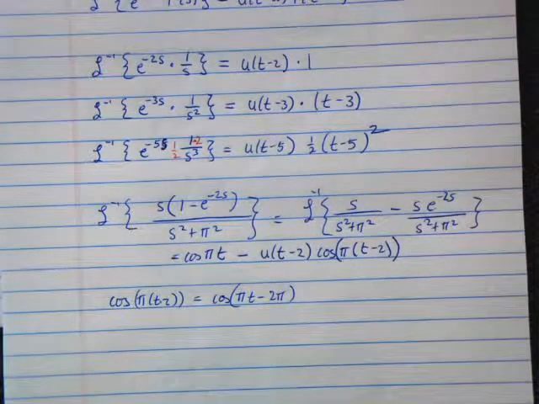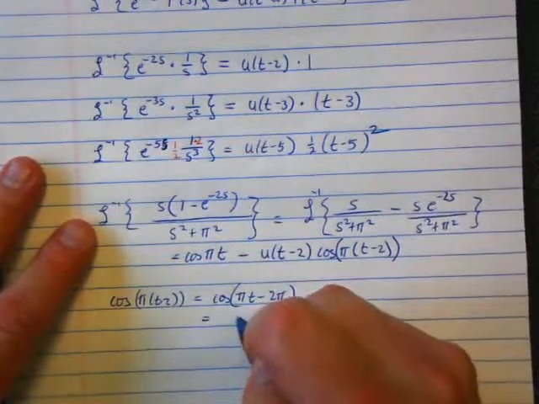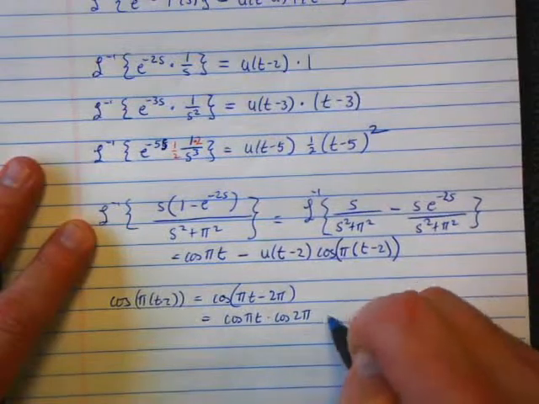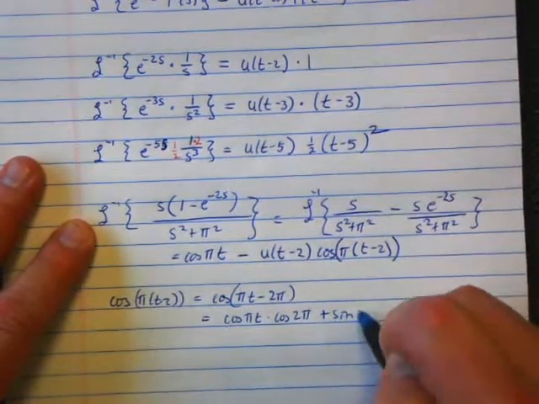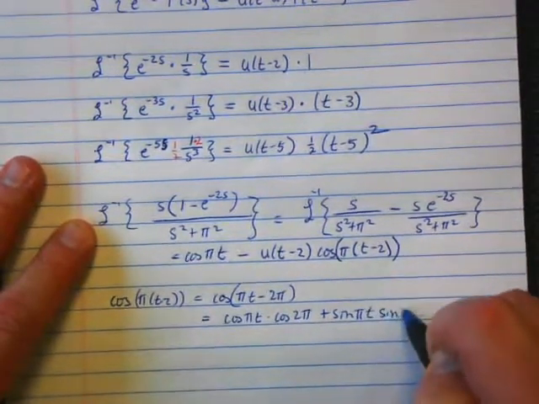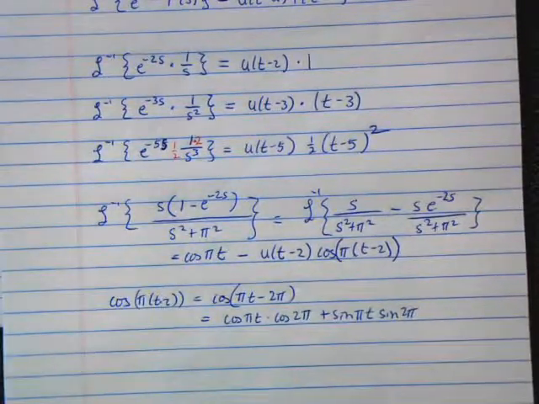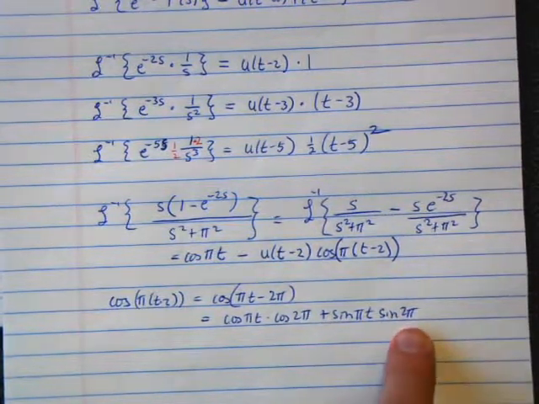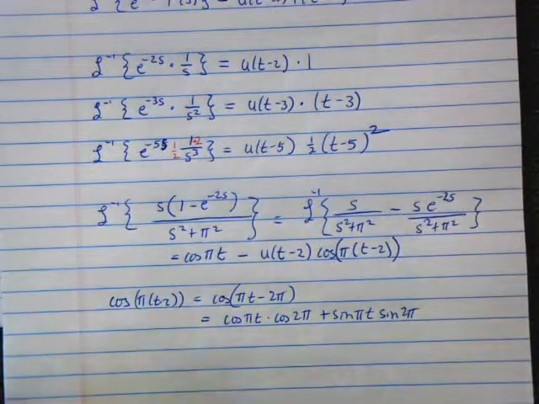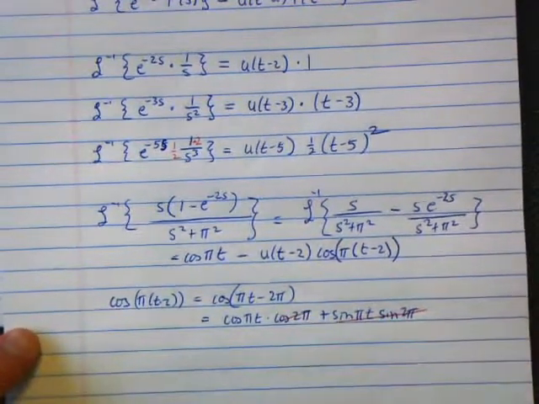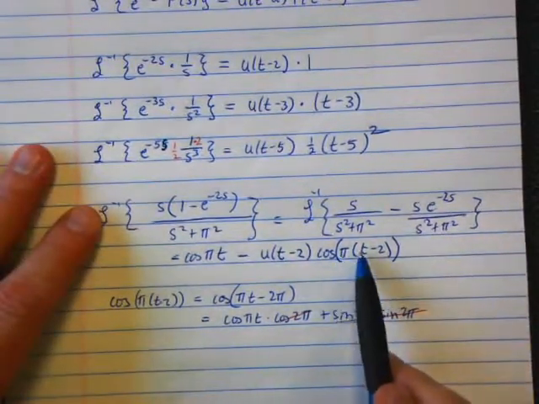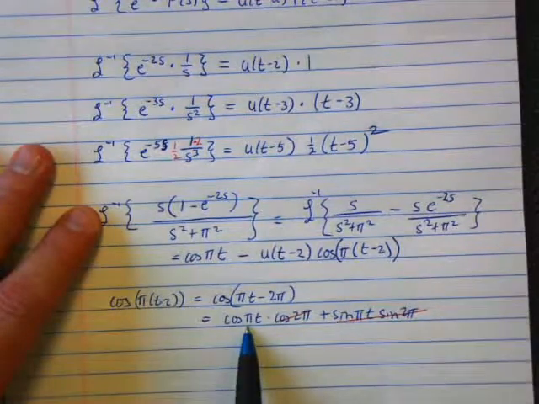And then you use the cosine subtraction formula, so this is cosine pi t times cosine 2 pi plus sine pi t times sine 2 pi. Cosine of 2 pi is 1. Sine of 2 pi is 0. So this one disappears, that one's the number 1, and you pull a cosine pi t out of that. Right. So cosine pi times t minus 2 is really the same as cosine pi t.